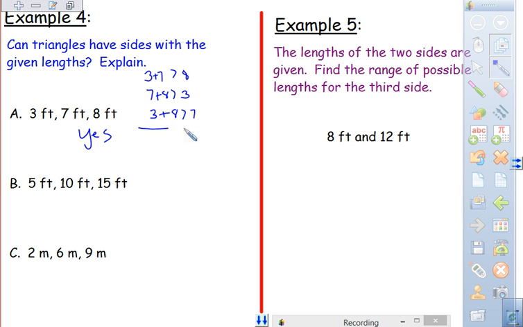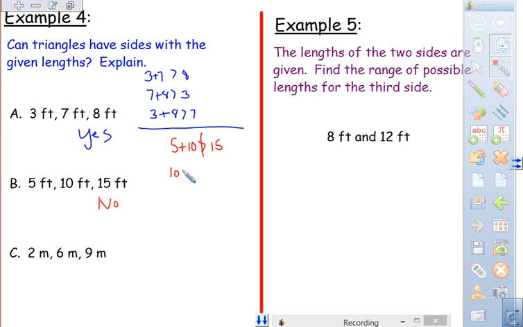Let's try another one. Here we have a triangle with sides 5, 10, and 15, so it's scalene. All three sides are different. By triangle inequality, we add two sides together and they have to be bigger than the third. So 5 plus 10 has to be greater than 15. That is false, so right away I know that's not going to work.